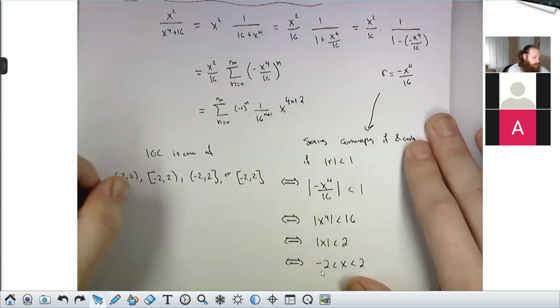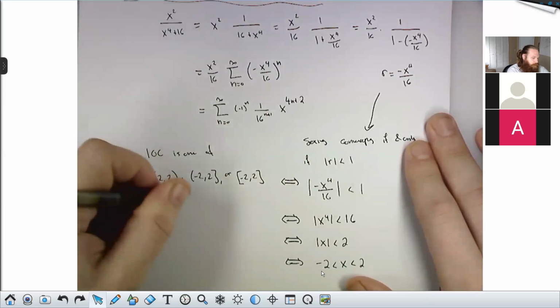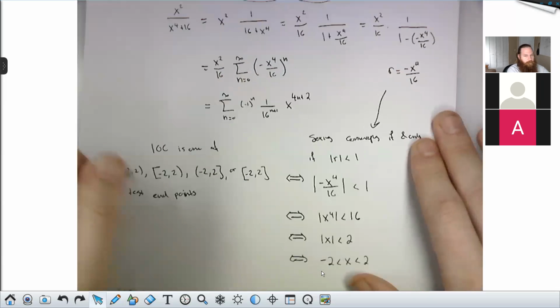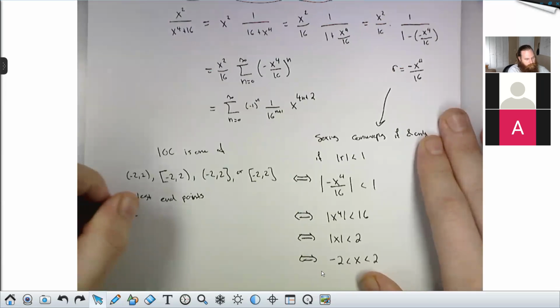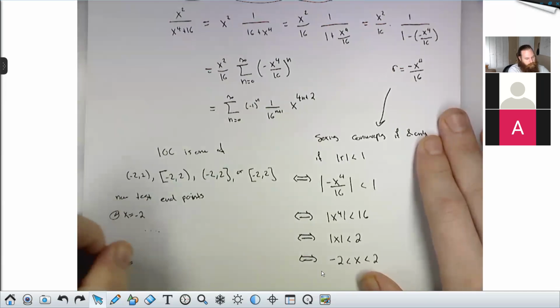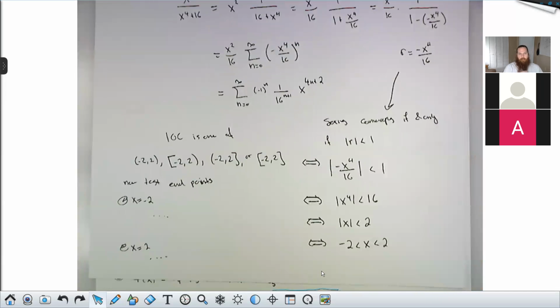Now, test the endpoints. At x equals negative 2, what do you get? And at x equals 2, what do you get? Does that make sense? Okay, cool.